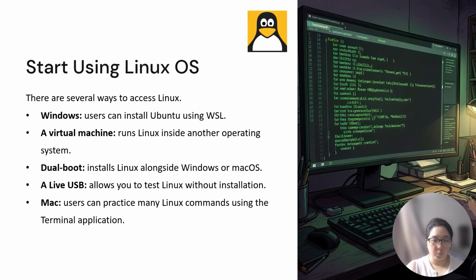For the virtual machine, you can run Linux inside another operating system. For dual boot, install Linux alongside Windows or macOS. For the live USB, it allows you to test Linux without installation. And macOS users can practice many Linux commands using the terminal application.